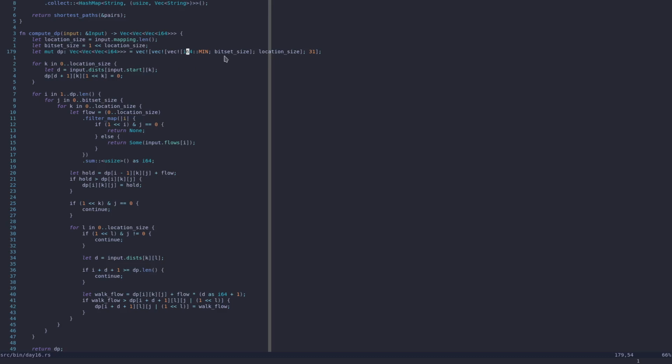And the idea is that since we have very few valves, we can use a single number for that to represent in binary which valves are open. So we initialize this cache with minus infinity, the minimum i64 value, and then for the initial place that we can be in, we put a 0.